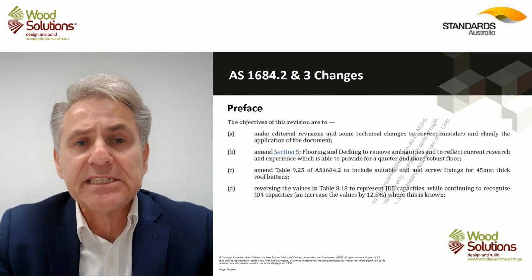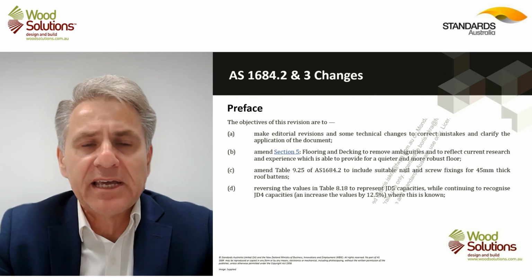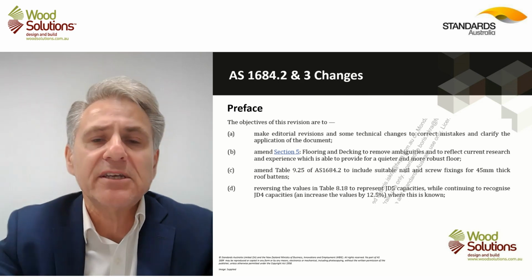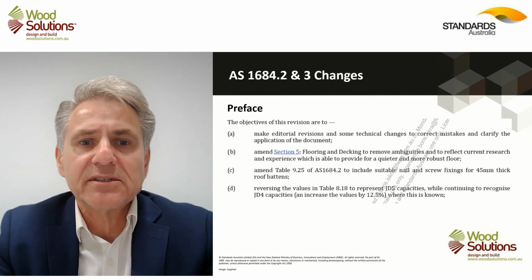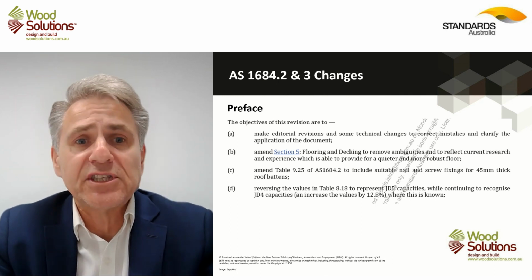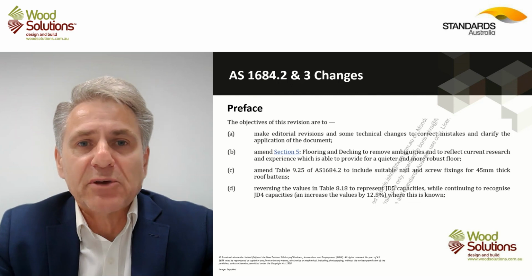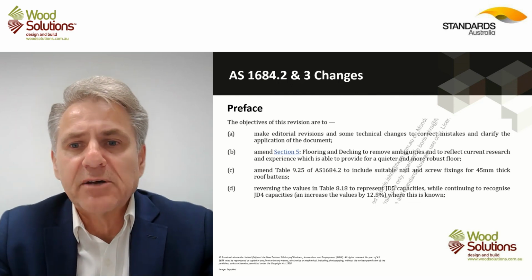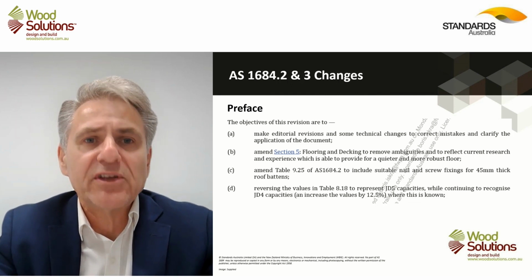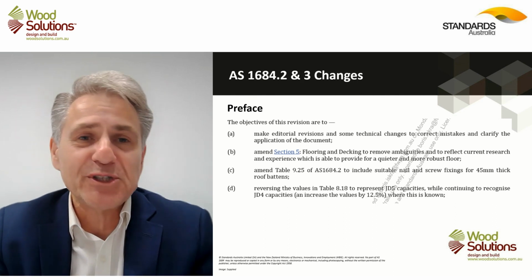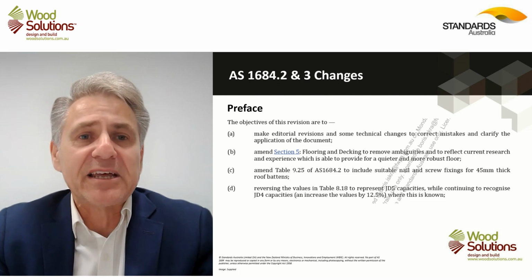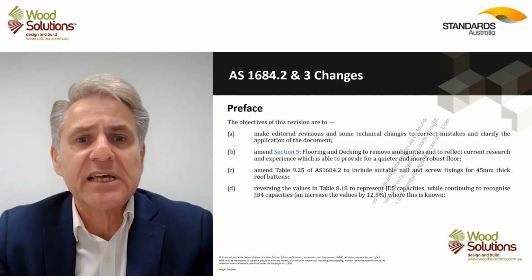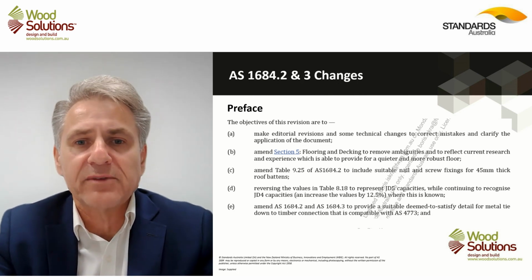So the details in 1684 have now dropped the capacity of the connections to represent JD5 capacities as opposed to what they were previously, JD4. So there's been a slight reduction in capacities. But if you know that you're using JD4 material, you can get that confirmed by a supplier. Otherwise, a conservative approach has been taken in utilising JD5 capacities.